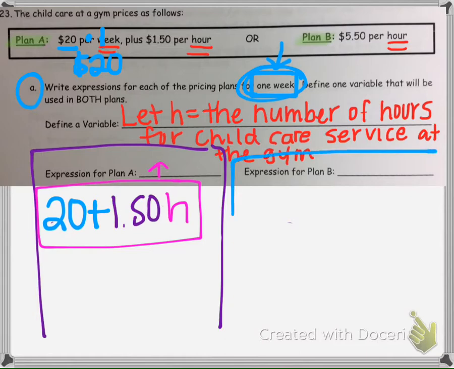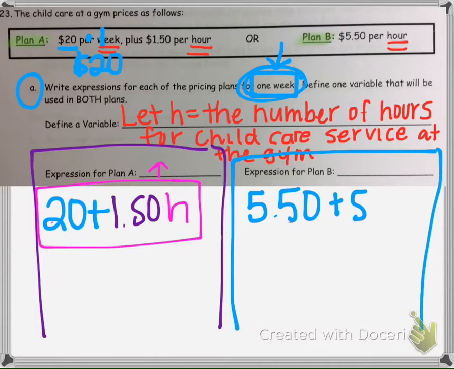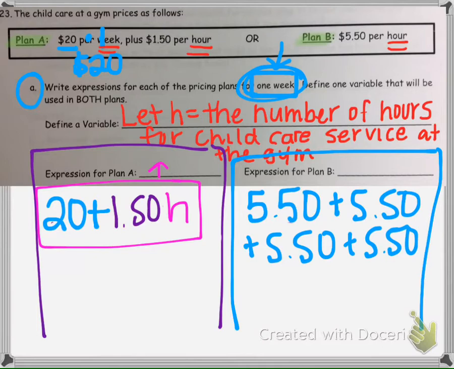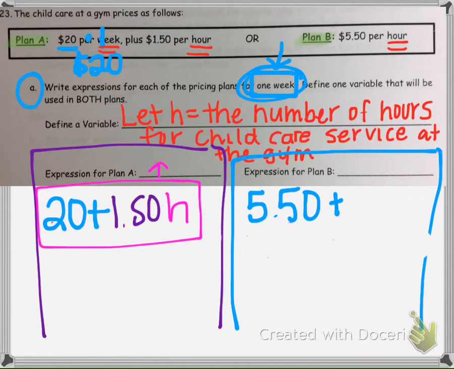Now we have Plan B. Plan B charges $5.50. Plus every hour we're paying $5.50 for childcare, $5.50, $5.50. Well, adding $5.50 over and over again is the same thing as multiplication. But we don't know how many $5.50s we're going to add because we don't know how many hours, so that's H. H is the number of hours.